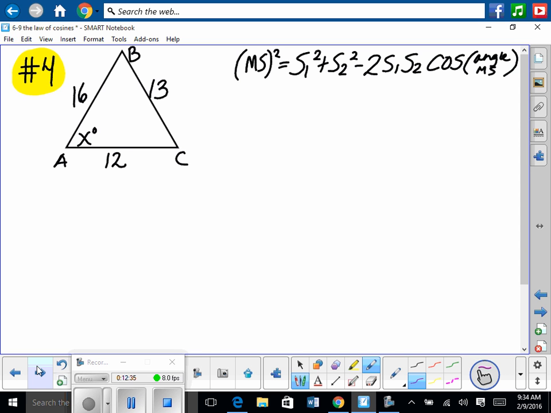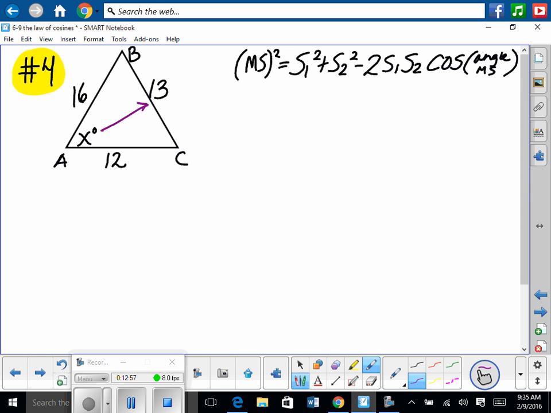Now look up here. Was there any missing sides? No. So our formula might not make quite this much sense, but it hopefully will, because which angle are we actually missing? 13. We're trying to find this one, right? Yeah. So this is going to be the missing side, because that's across from the angle that we're trying to find. Because remember, they go hand in hand, right?